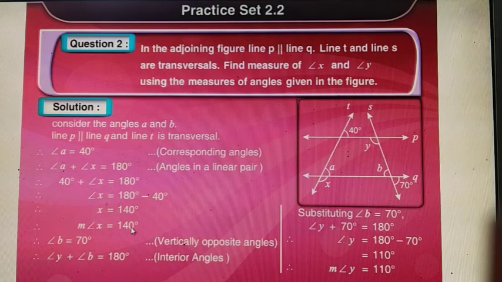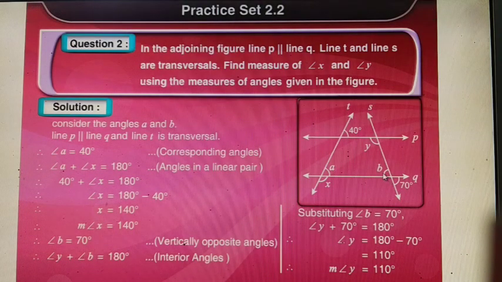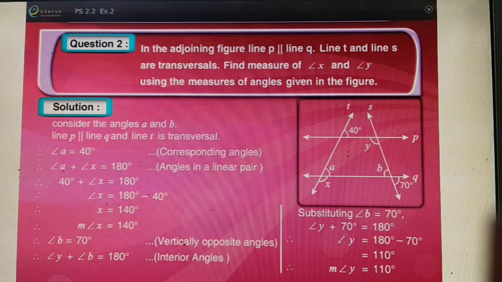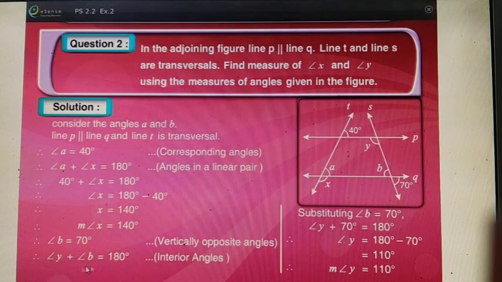Therefore the measure of angle X is equal to how much? 140 degrees. Now angle B is 70 degrees. How? If this is given 70 degrees, angle B will also become 70 degrees. The reason will be vertically opposite angles. Therefore angle Y and angle B, can you see these are interior angles, and we know interior angles are always supplementary.